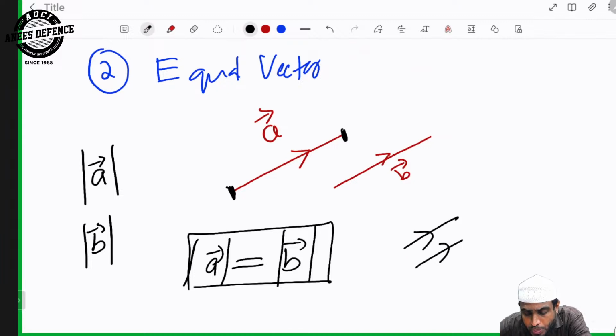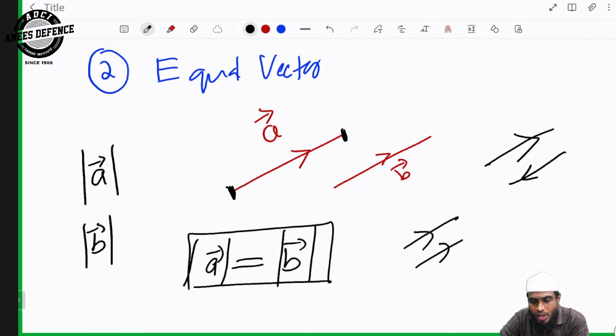This means both are parallel vectors. If vectors are in the same direction, we can call them parallel vectors. If vectors are in opposite directions, one going like this and one going just opposite to that, we can call them anti-parallel vectors.